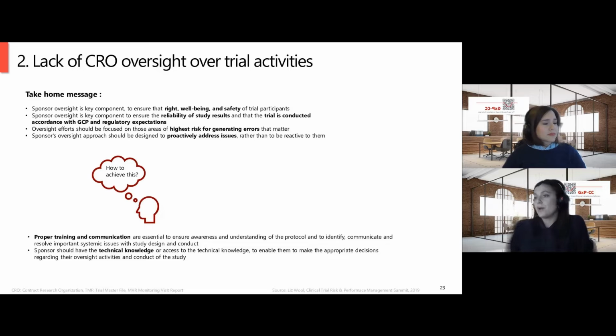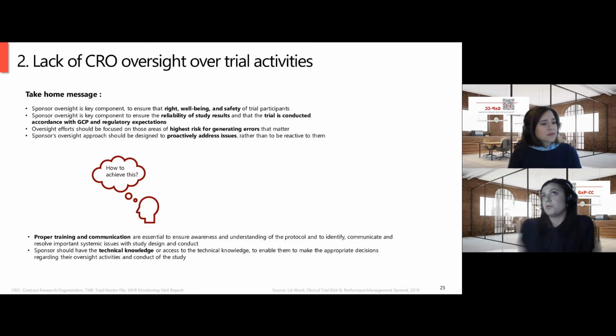There are also a few other ways sponsor oversight can be improved. What is very important for the sponsor to keep in mind is that when a clinical study has already started, it is better if the sponsors sit down with the CRO and communicate what their expectations are.